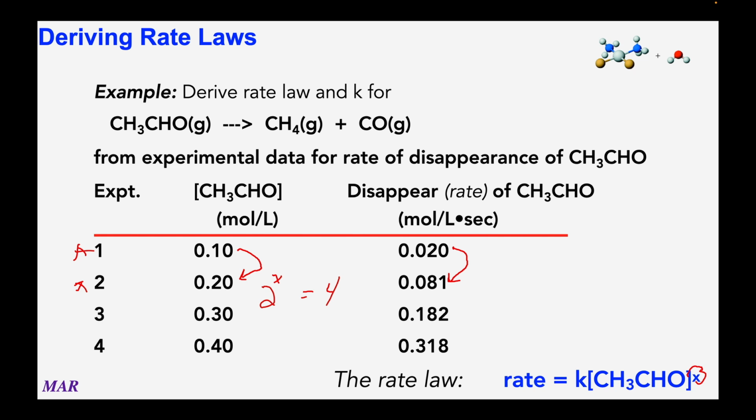And realizing that those little x's, zeros, ones, and twos only, well, 2 to the 0 would be 1, so that's not appropriate. 2 to the 1 power would be 2, and that's definitely not what we saw here. The rate went up by 4 times. But 2 to the second power, 2 squared is 4. So definitely here we have a second order reactant.